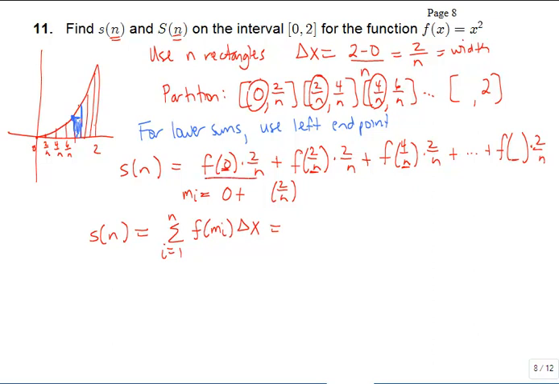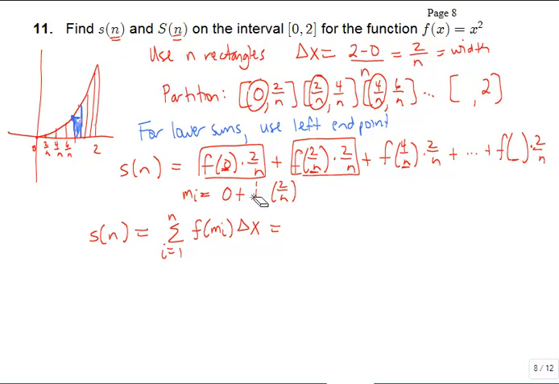For the first rectangle, which was this one right here, we wanted to end up with an input of 0. So I don't want any of these 2 over n's to be used. I want to just start at that 0. For the second rectangle, I wanted exactly 1 of these 2 over n's. So if i is 1, representing that first rectangle, I can't put just an i right here, because if i was 1, then I'd be adding 2 over n.